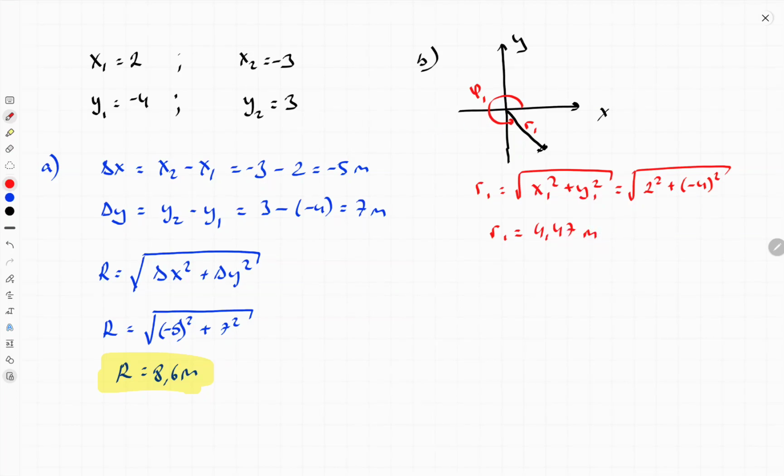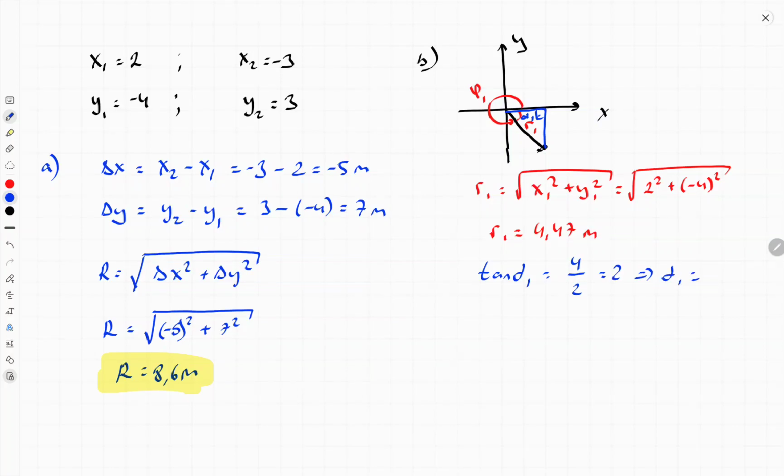Now let me find this angle first of all, and it will be easy to find phi1. So let's pay attention to this right triangle, and this angle, let me call it alpha 1. So tangent alpha 1 will be equal to the y side, which is 4, divided by this side x, which means 2. Basically it will be equal to 2.